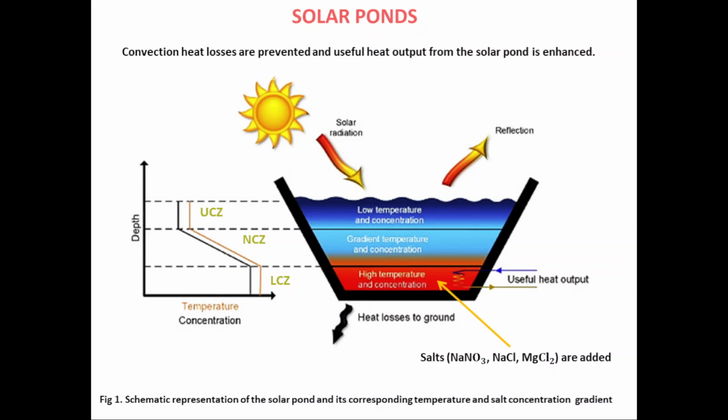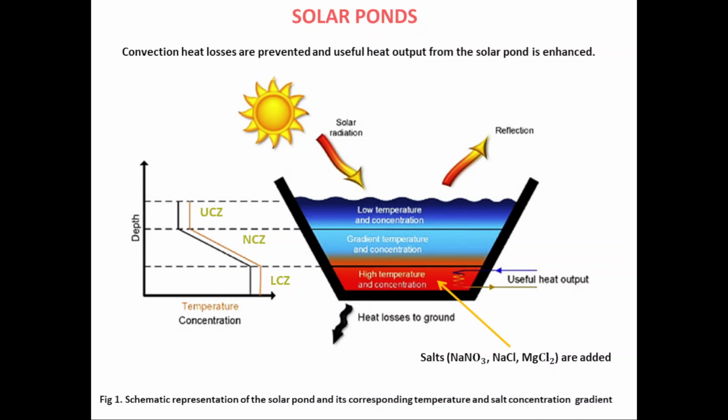Because of this density difference, there will be motion of your hot water from the bottom to the top surface due to convection, and since this hot water that rises to the surface is exposed to the atmosphere, heat transfer happens. From the high temperature water layer, the heat moves to the ambient temperature. So this decreases the amount of useful heat output that you gain.